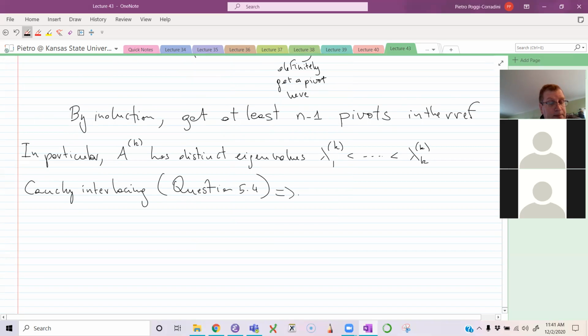This tells you that the eigenvalues of the k leading submatrices interlace with the eigenvalues of the next one, right? So lambda_j of A_k plus 1, they will fall like that. Let me give you an example.